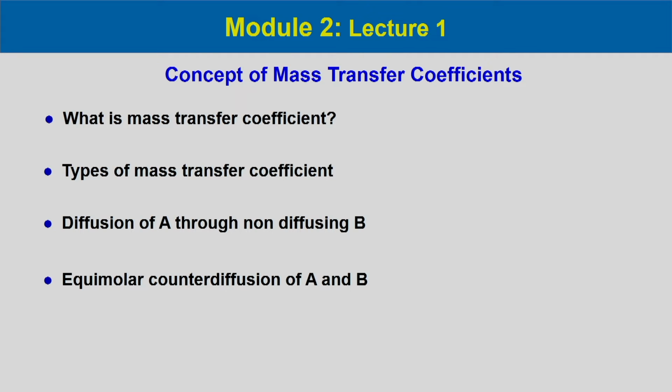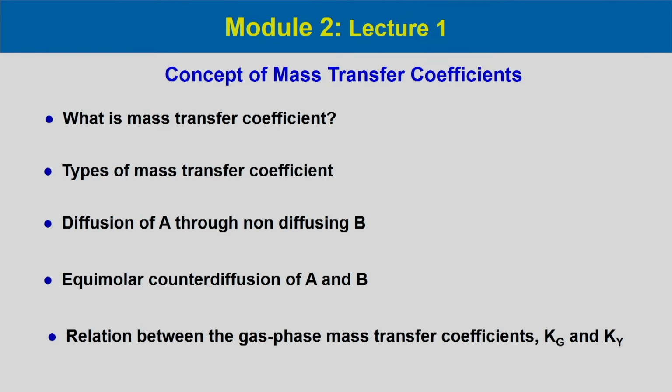Then we will discuss equimolar counter diffusion of A and B, and we find out the different mass transfer coefficients related to this system. And finally, we will discuss the relation between the gas phase mass transfer coefficients Kg and Ky.